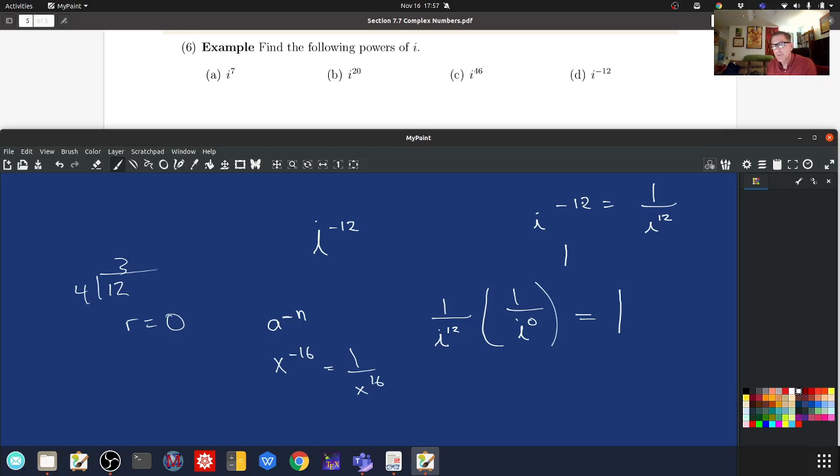I can't quite remember right now how they do it, but we can just use this and it should work out. Like I said, for the most part, finding powers of i, we're going to concentrate on examples A, B, and C. And I believe that's it for Chapter 7.